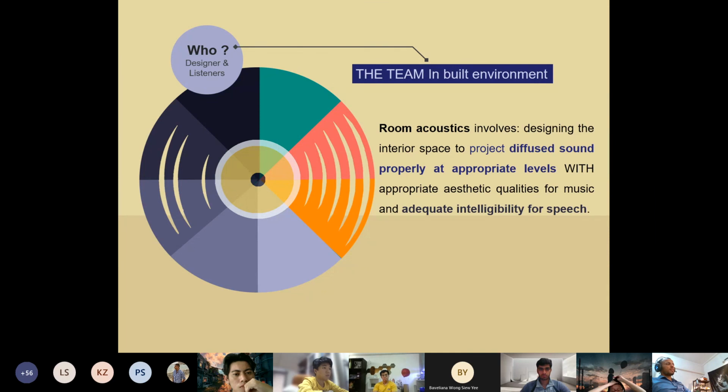So basically the designers and listeners: room acoustics involves designing interior space to project diffused sound properly at appropriate levels with appropriate aesthetic qualities for music and adequate intelligibility for speech. As you know, the architect is one of the important stakeholders that has to work on the acoustic quality of the space.